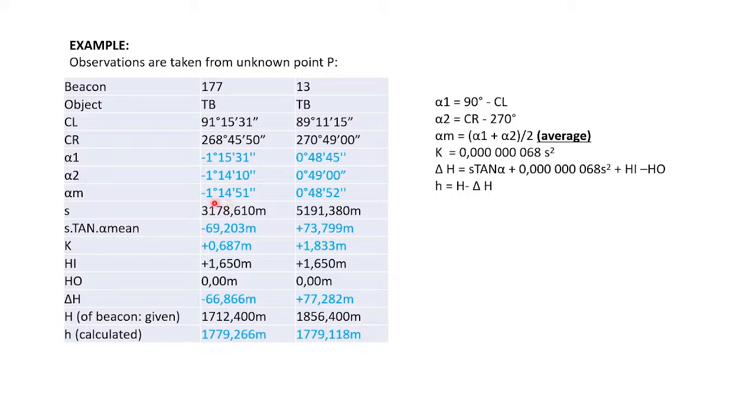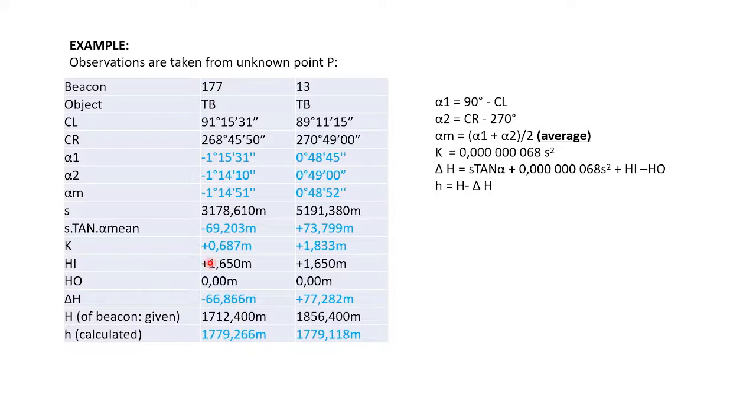So you take your distance, 3,178, times tan of your alpha mean, and that gives you your value. The same on this side, you take the 5,191.380 times tan of your alpha mean, and this gives you a value. Then for your k values, you have the 0, and there are 7 zeros, 68 times this value squared, and that will give you an answer for your k on both of your columns.